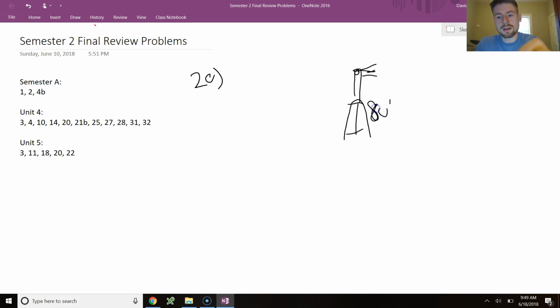And you calculate the angle from the ground to the top of the lighthouse to be 58 degrees. So you're measuring this angle as 58 degrees. And you calculate the angle from the ground to the top of the hill to be 42. So this angle here is 42 degrees.